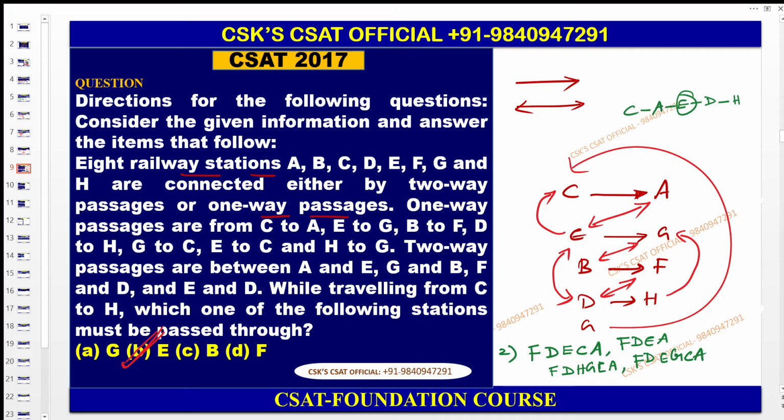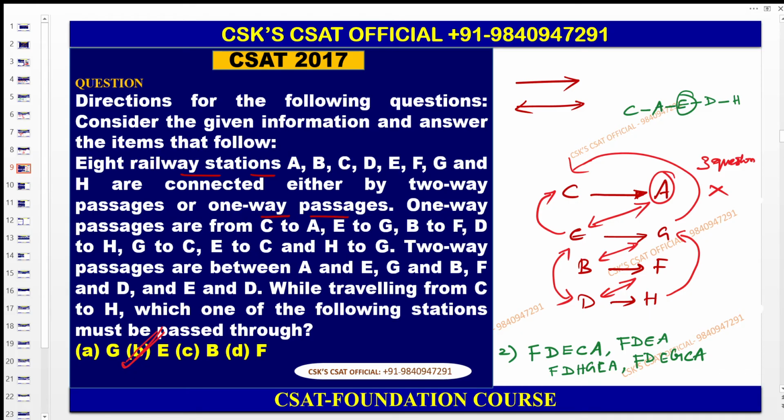There is no path from G to C. So for the third question, no path here. Then A you should not go. That's it.